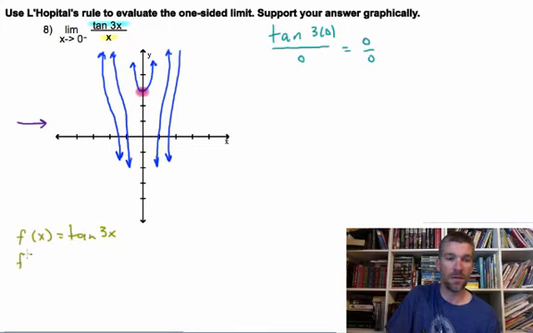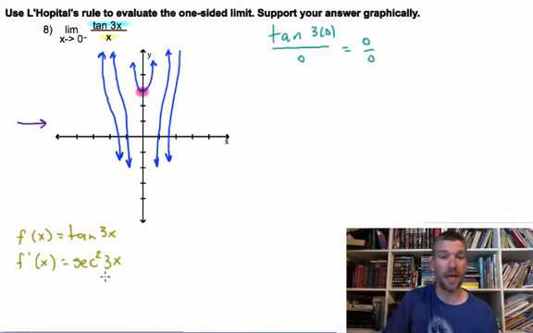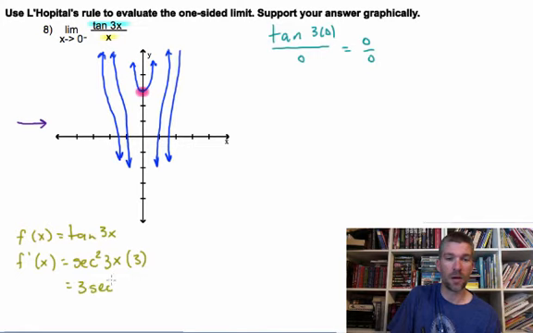And the derivative of that is secant squared 3x, and there's a chain rule here because there's a 3x inside. So 3x times 3 would give us 3 secant squared 3x. G of x then would be x, and the derivative of that is just 1.